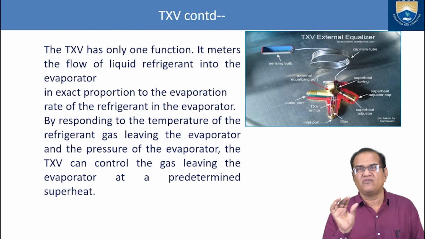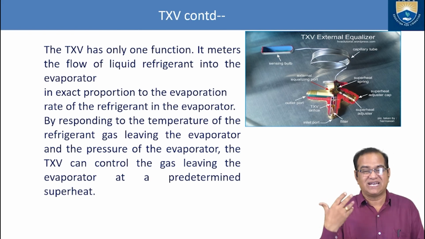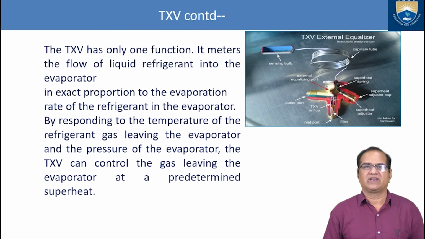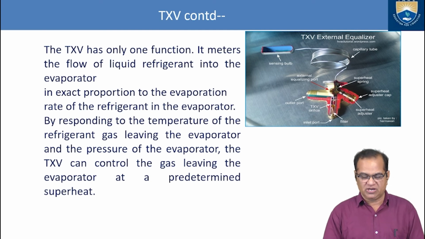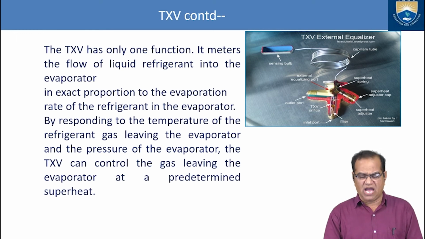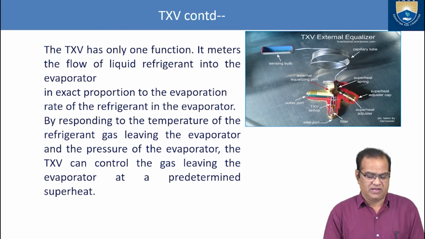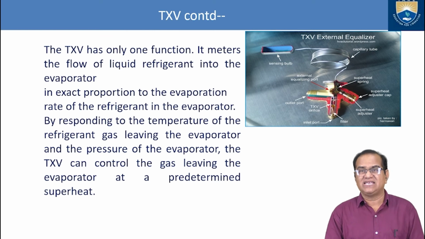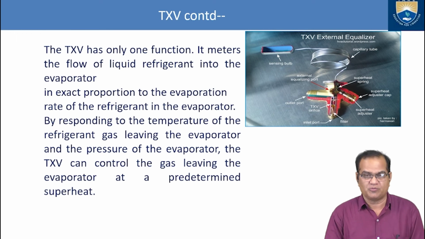That much refrigerant it will send to the evaporator. By responding to the temperature of the refrigerant gas leaving the evaporator and the pressure of the evaporator, the TXV can control the gas leaving the evaporator at a predetermined superheat.